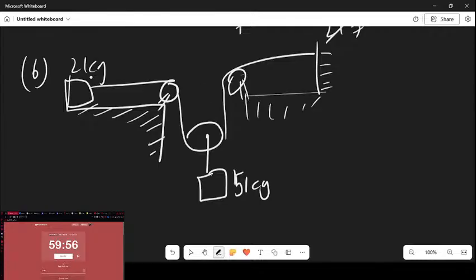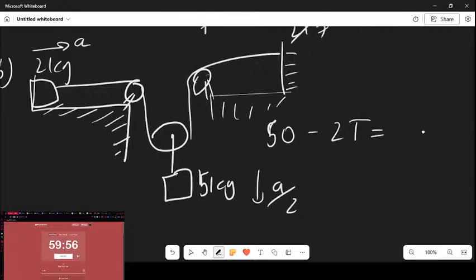Alright. If this moves with an acceleration a, this is 2T, this will move at an acceleration a by 2. So 5g minus 2T is equal to 5a by 2. And what about this?